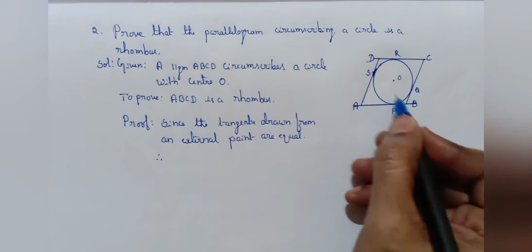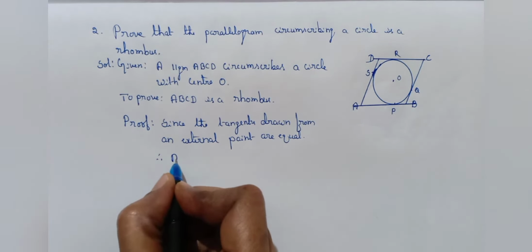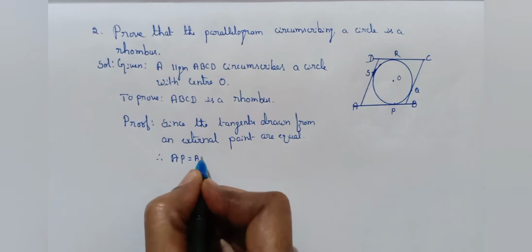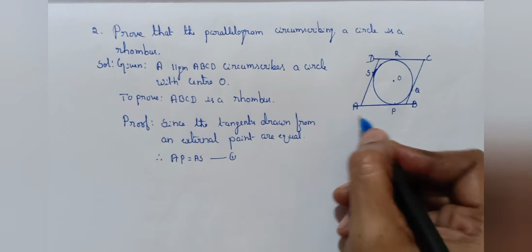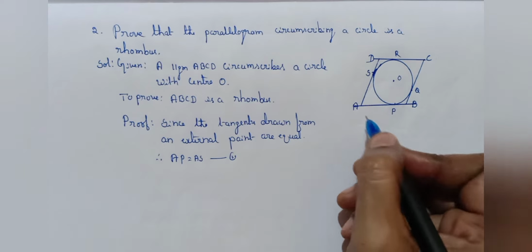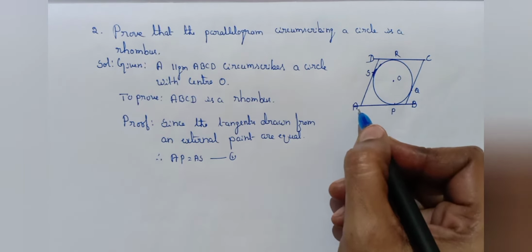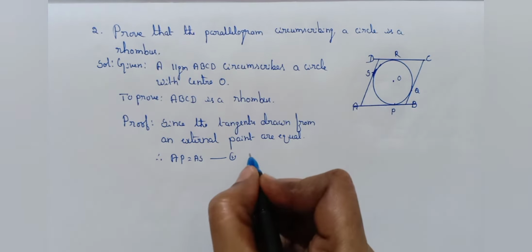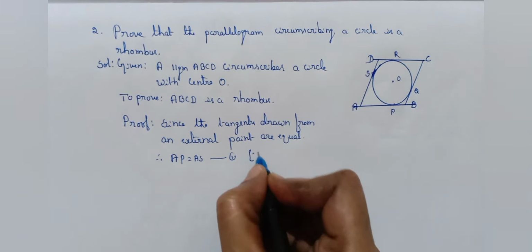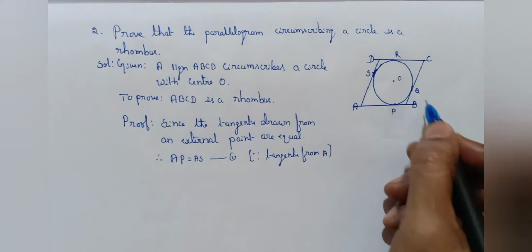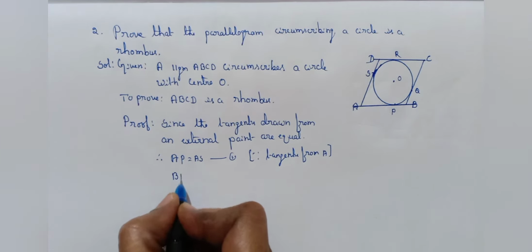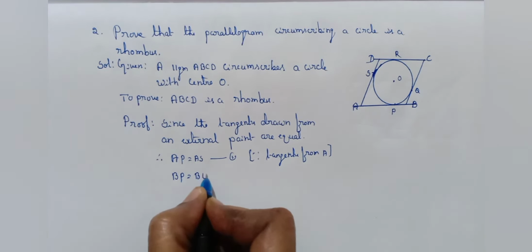Therefore, AP is equal to AS. Consider this as equation 1. AP and AS are the tangents drawn to a circle from an external point A. And BP is equal to BQ.